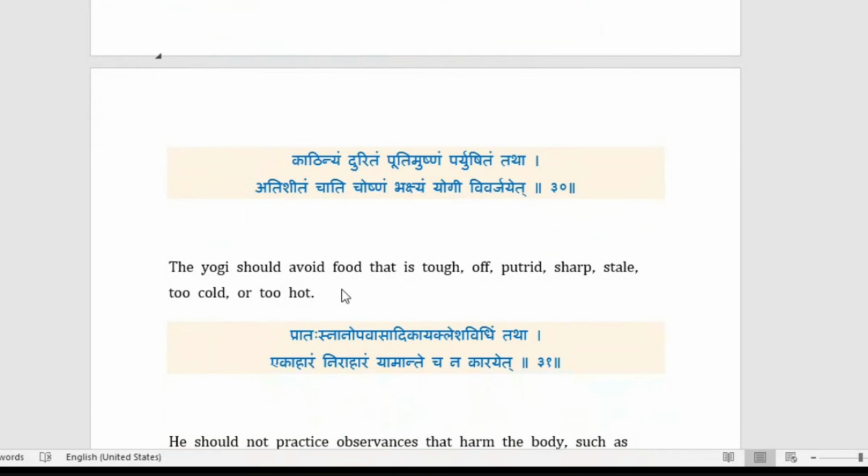He should avoid foods that are tough, that means they cannot be easily digested. Then off, that means it is not good, or we can say it is stale. Then putrefied, sharp, stale, too cold, or too hot. These are the foods that the yogi needs to avoid.